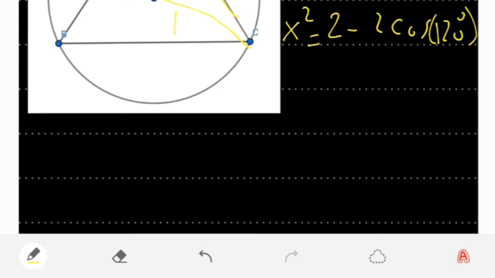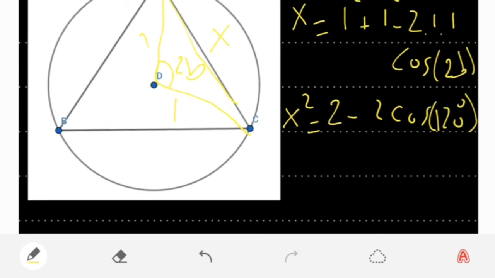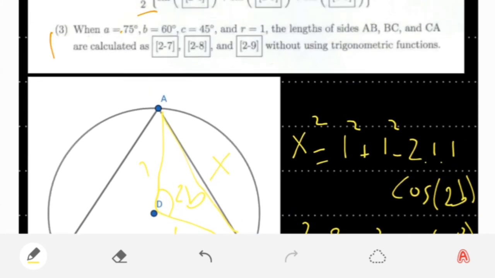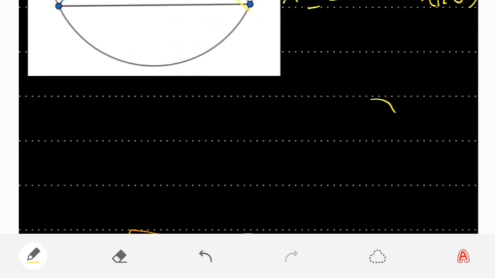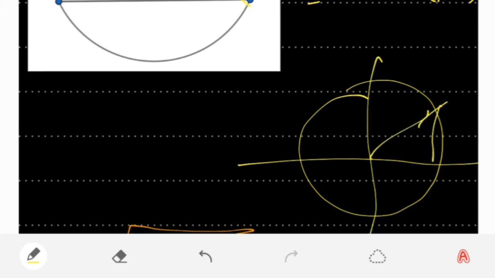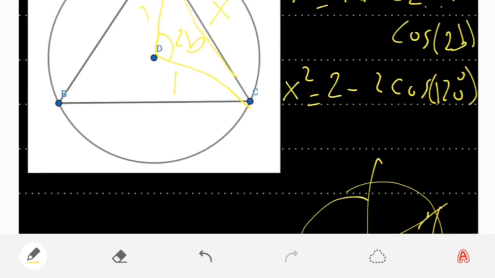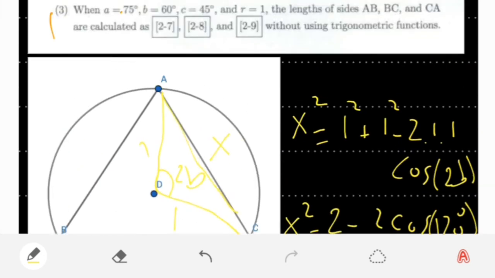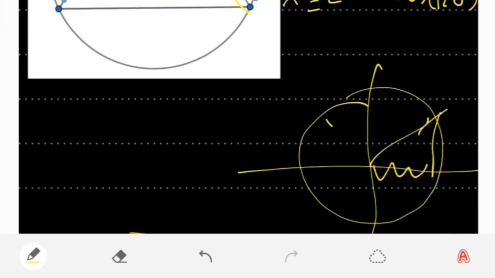Now we need to find the cosine of 120. Well, the cosine of 120 is exactly the same as the cosine of 60 degrees but minus, right? You can do the same thing if you don't remember this. Because 120 is over here, in the second quadrant, it has a negative cosine.